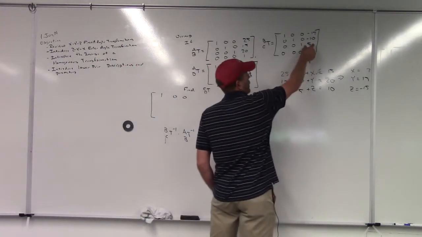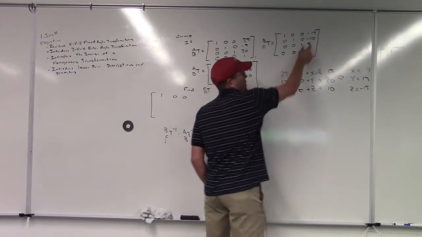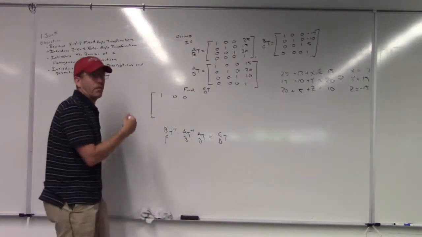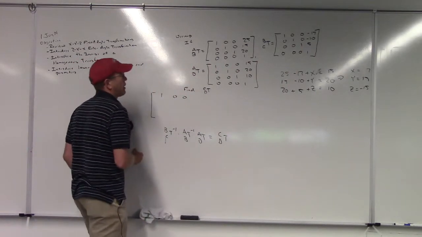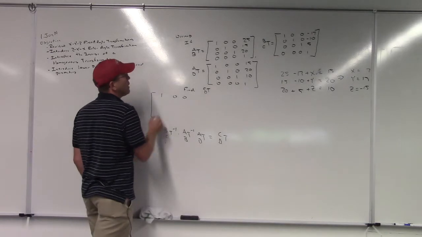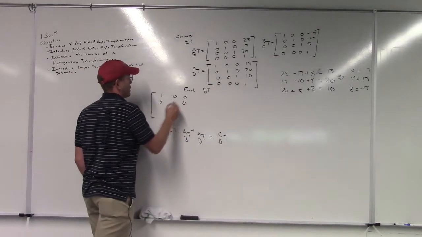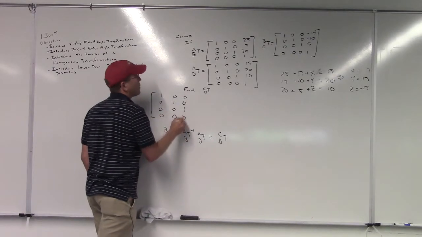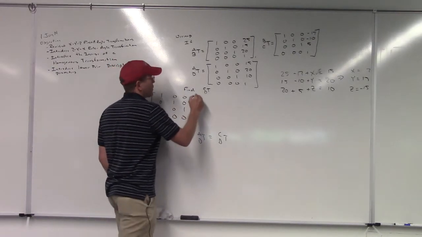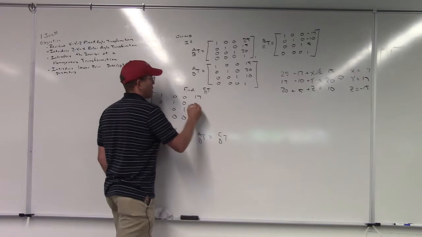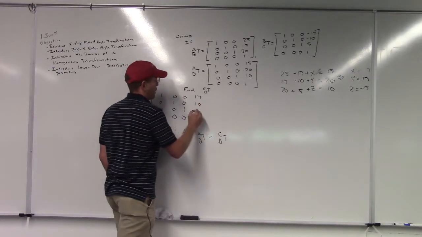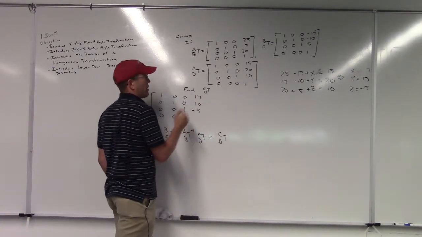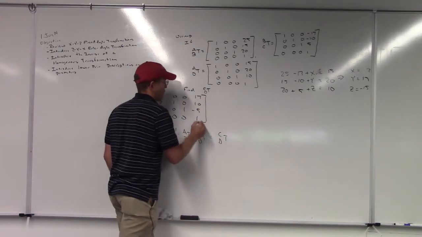That's exactly the case. The sign will be switched on the position vector because we're just going backwards through that transformation matrix. So 0, 1, 0, 0, 0, 1, 0, 0, 0, and then a positive 17, a positive 10, and a negative 5, just changing the sign on each of those quantities.